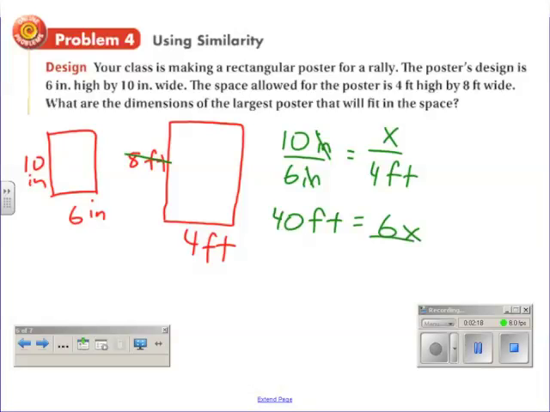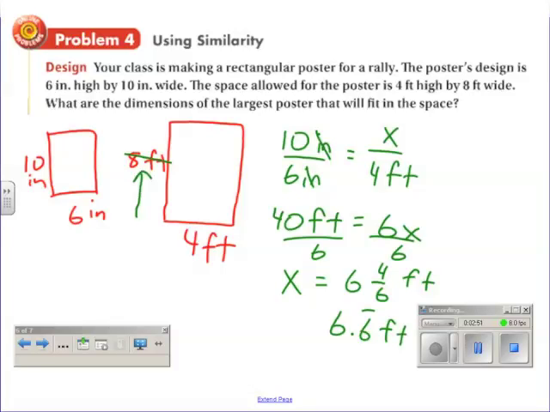And then I divide both sides by 6. I end up with x equals 6, and what is left over? 4/6 feet, which is equivalent to 6.6, continuing on forever, feet. That measurement is less than this 8 feet here, so therefore those are acceptable dimensions.